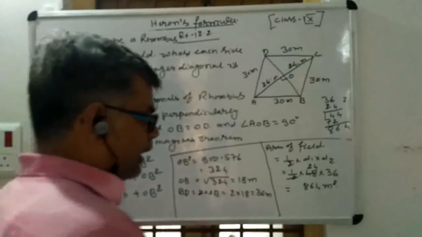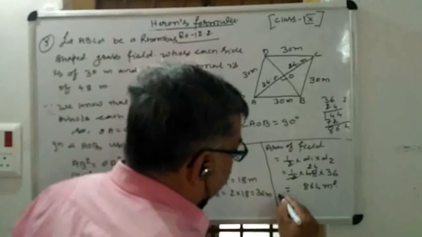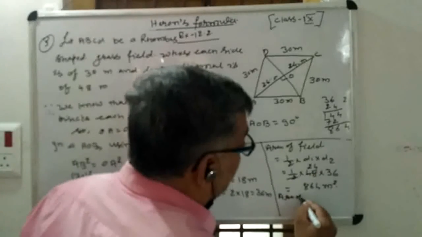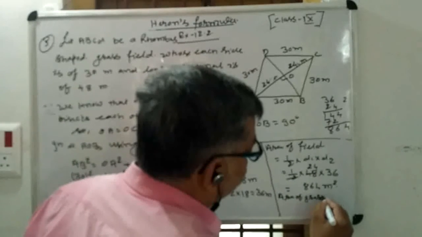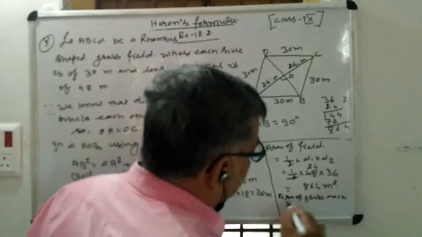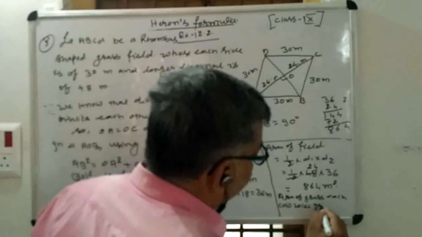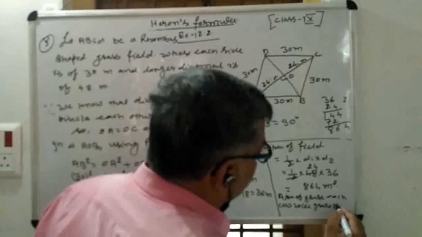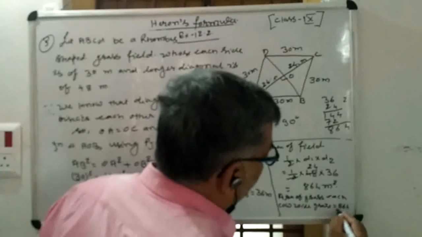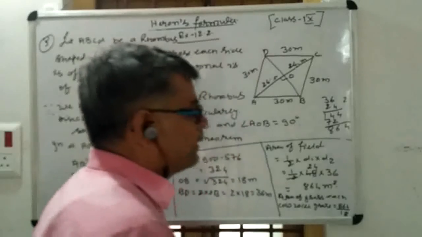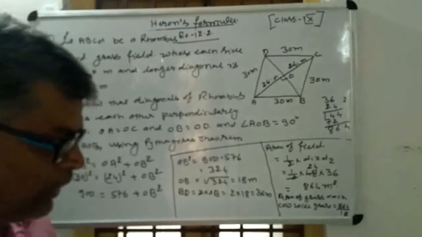Now the area of grass each cow will graze equals 864 by 18, where 18 is the number of cows.